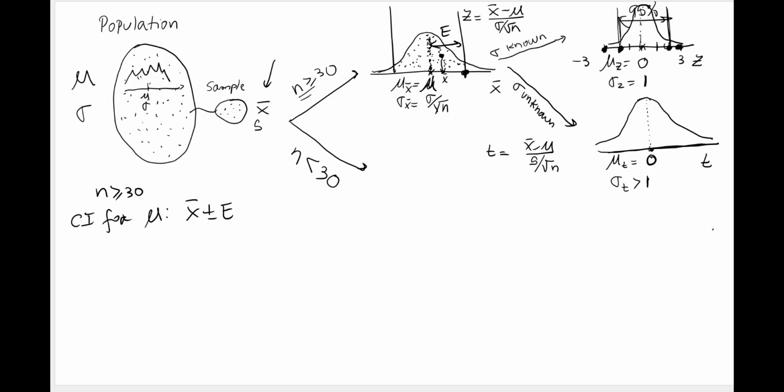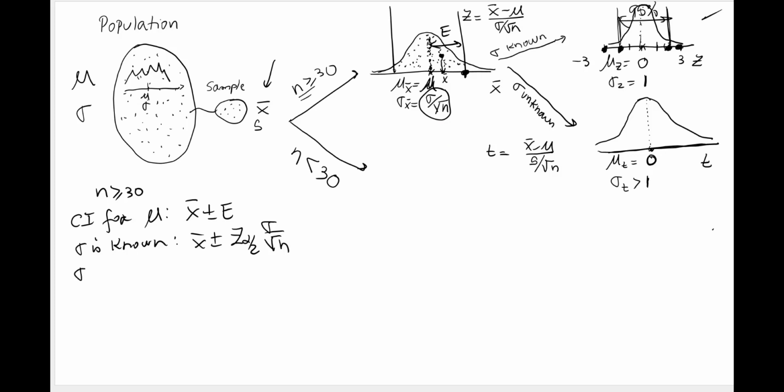Then this critical value can be obtained here in the normal distribution. When sigma is known, the maximum error will be given by z alpha half, that is this critical value, times this standard deviation. That is the maximum error.